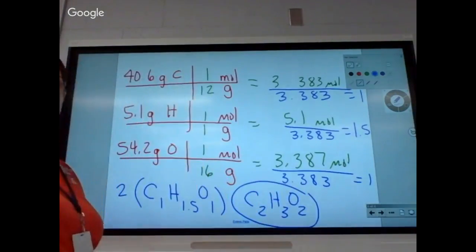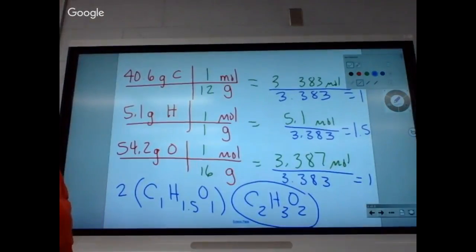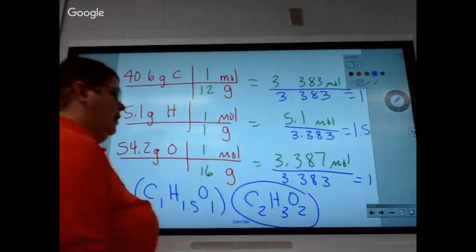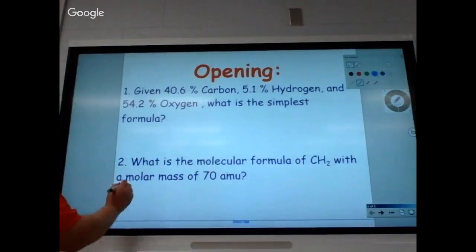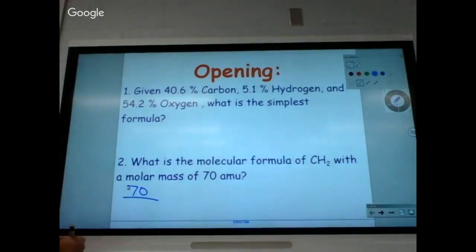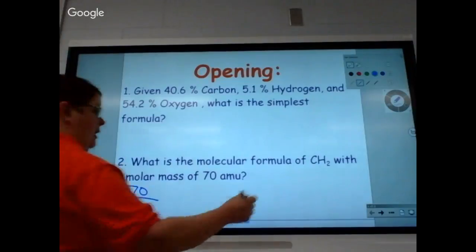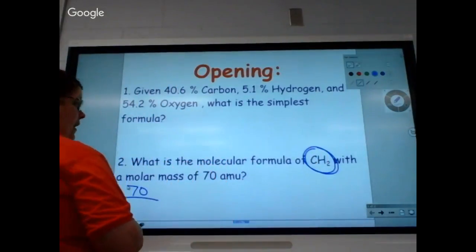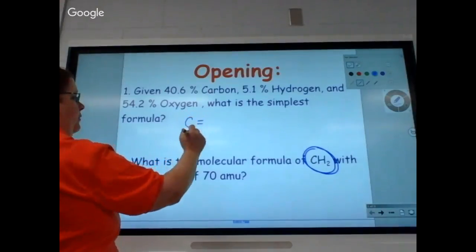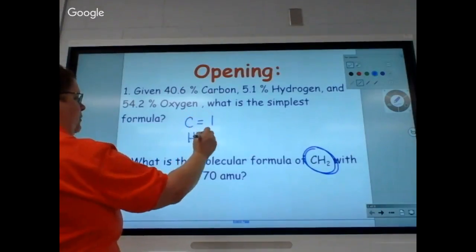Questions about the empirical formula? Anybody? No? All right, number 2. To find a molecular formula, we take the 70 and we divide it by what? The mass of the compound. We have to take the empirical formula right here and find its mass. So how many C's do we have? 1. How many H's? 2.